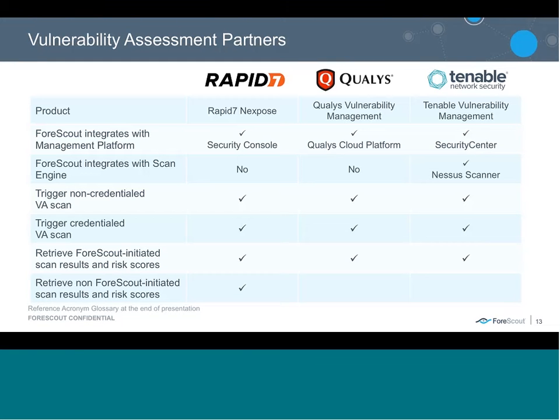What that means is if Rapid7 does a scan on a schedule, Counteract can extract the results of that scan and pull those into the system so that it can maintain those IOCs, the vulnerabilities, in its own database, rather than having to always go back to the partner's database to look for it. With the other two products, we can only see the results of the scans that ForeScout initiates.